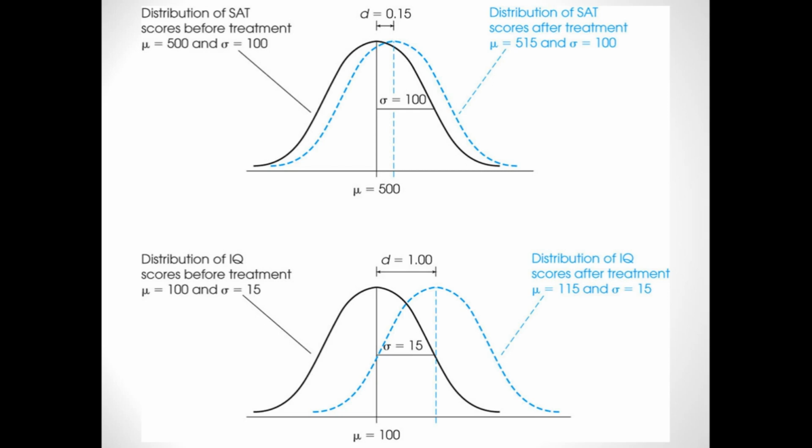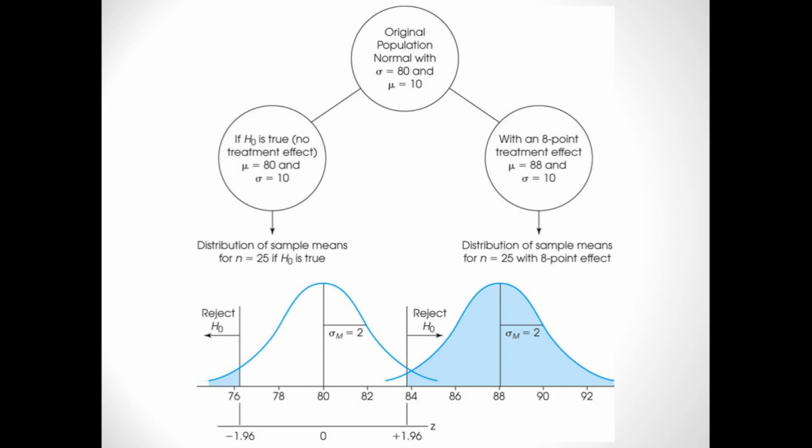We can illustrate the power of the hypothesis test using our original normal population with a standard deviation of 10 and a mean of 80. If H0 is true, mu equals 80 and standard deviation equals 10.